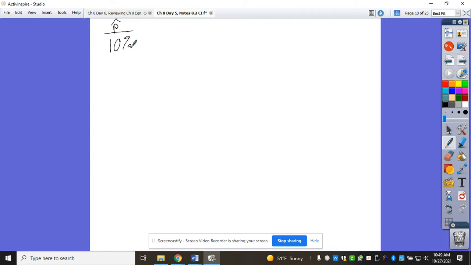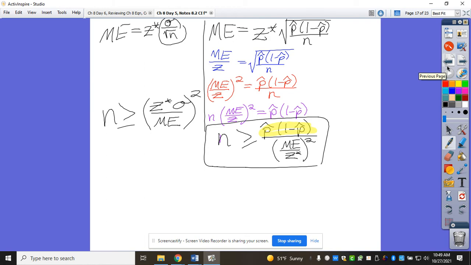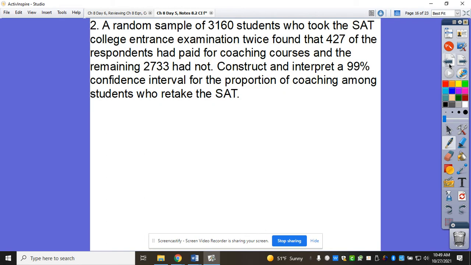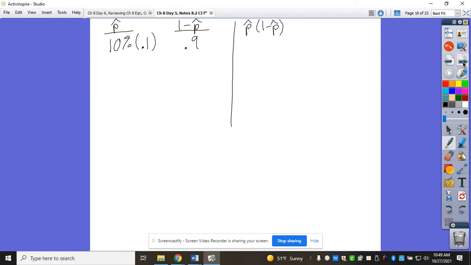What is 10% as a decimal? Which means 1 minus p hat would be what? I'm just talking about the fact that we're going to have to do this. So I'm just going to make up one real quick. If my p hat were 10%, my 1 minus p hat would be 90%.